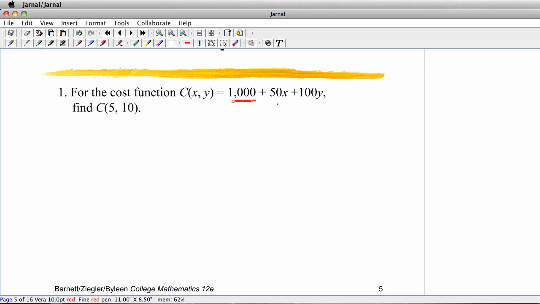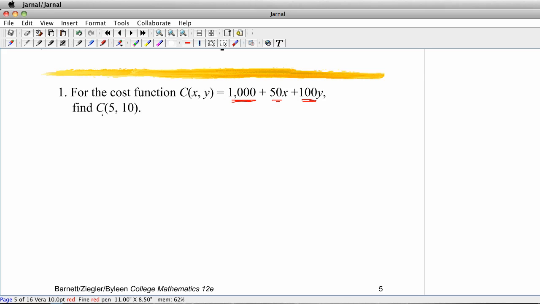And then maybe you make one product that costs you $50 per product to make, and so your cost for making x of them is 50 times x, and maybe you make a second product that costs $100 each to make. So if you have $1,000 in fixed cost and it costs you $50 each for making item 1 and $100 each for making item 2, then this would be a realistic cost function for your business.